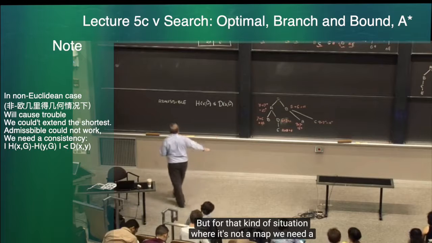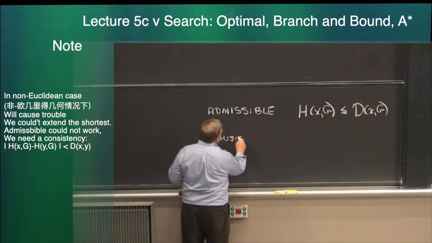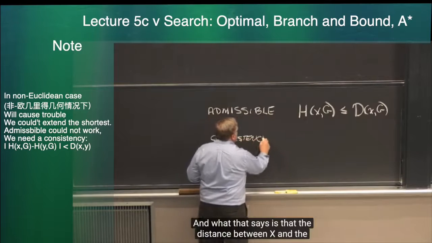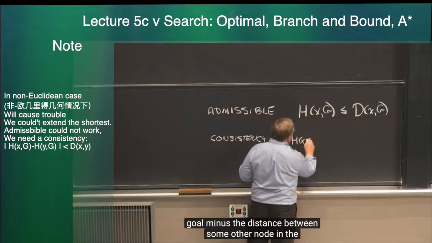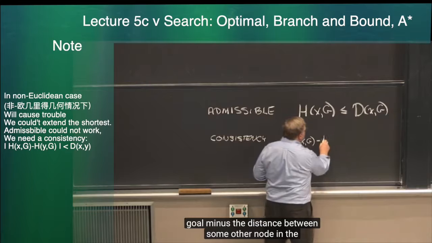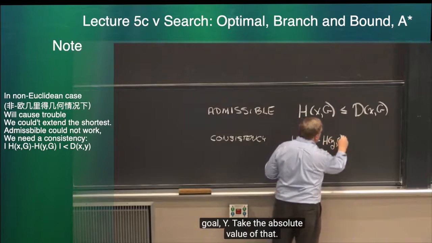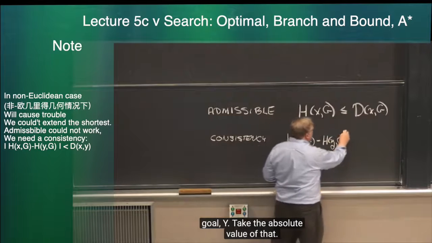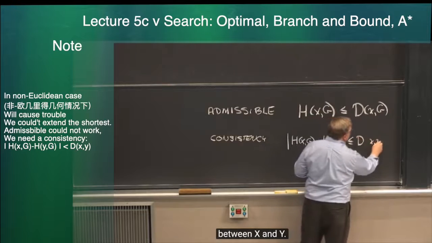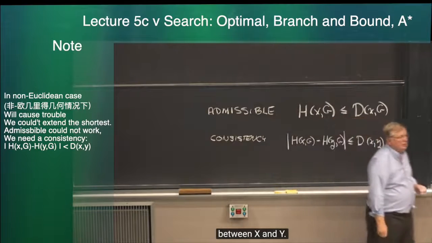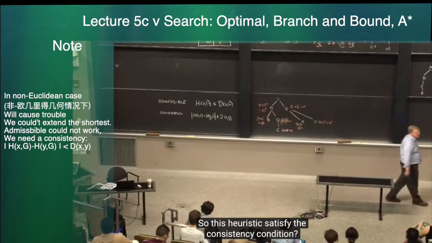But for that kind of situation where it's not a map, we need a stronger condition, which is called consistency. And what that says is that the distance between x and the goal minus the distance between some other node y and the goal, take the absolute value of that, has to be less than or equal to the actual distance between x and y. So does this heuristic satisfy the consistency condition?